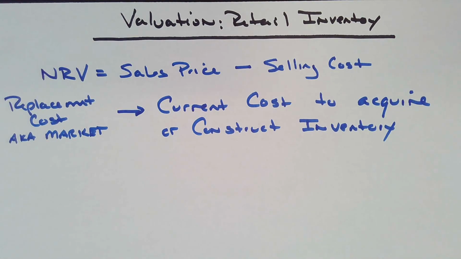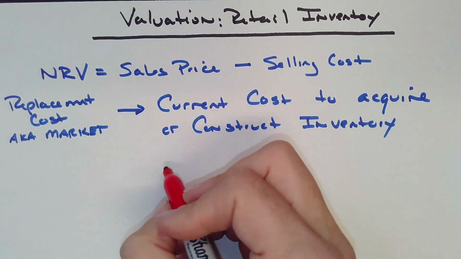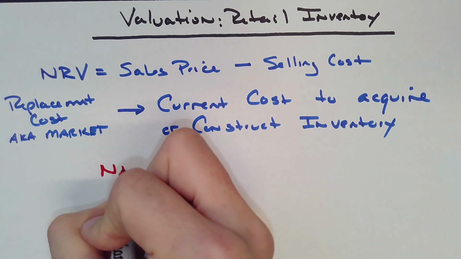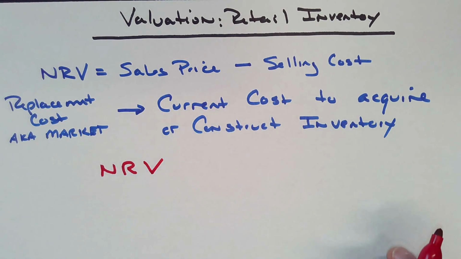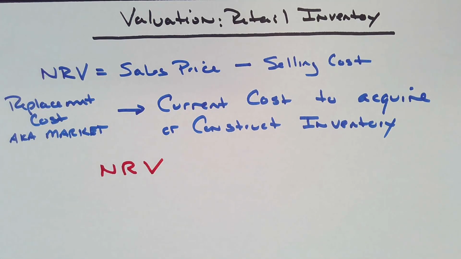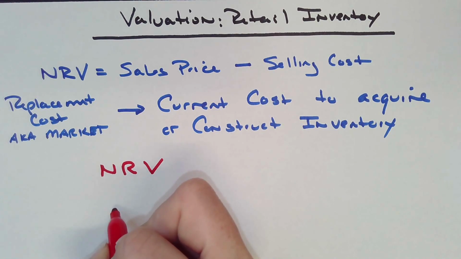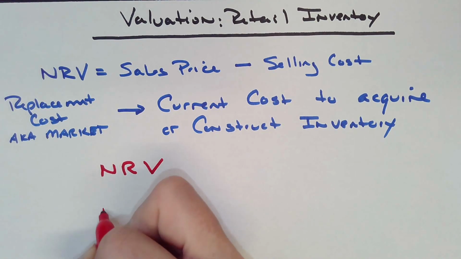So I want to kind of separate these things out. I want to compare the net realizable value, which is my sales price minus selling cost, to my replacement cost.